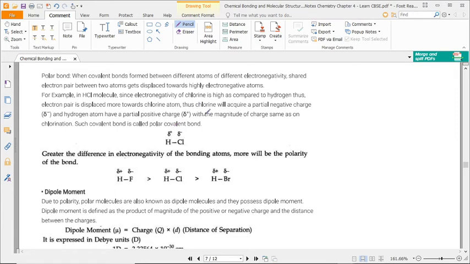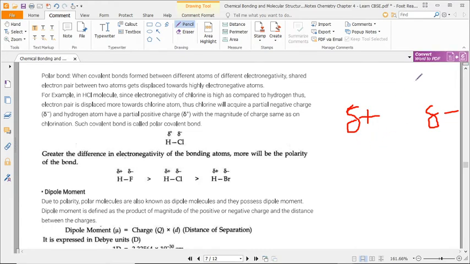There is a difference in their electronegativities and hence they develop charges. So when I write this delta negative and delta positive, delta is a symbol. When I write delta positive, it is a partial positive charge. When I write delta negative, it is the partial negative charge.